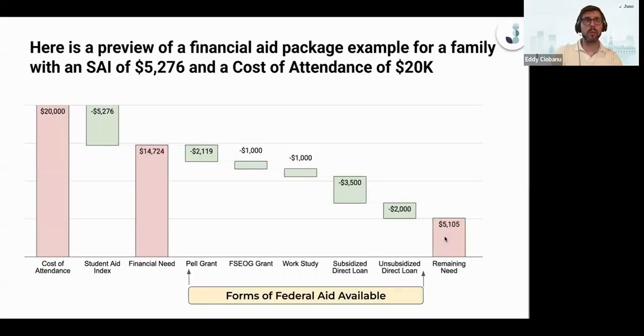But if we think about it, let's say a private institution where the cost of attendance is $70,000, and maybe a student receives a $20,000 scholarship, but you still have $50,000 in remaining need, right? Then of course you can figure out which levers you might need to pull, how much is determined from your income and assets, and how much you might need to take out in private loans.